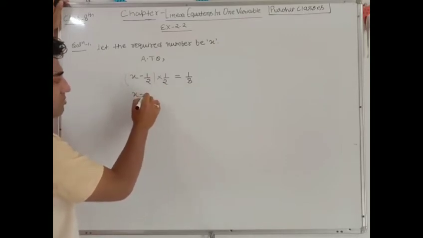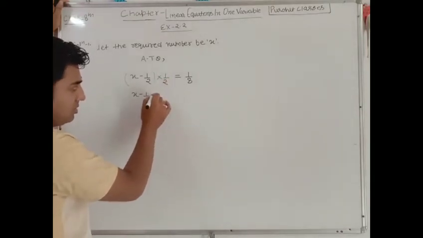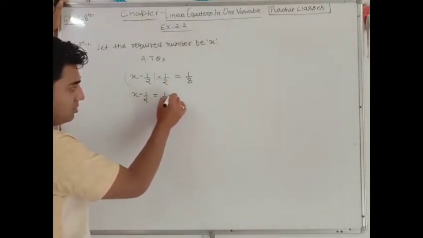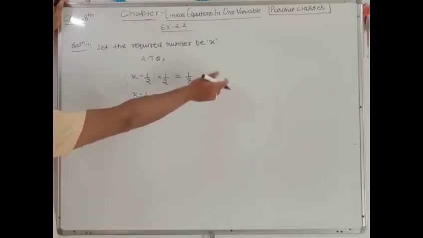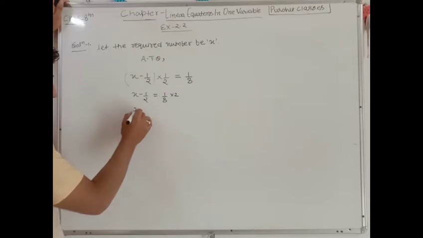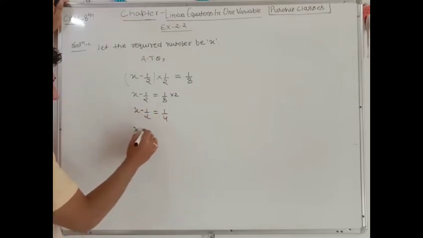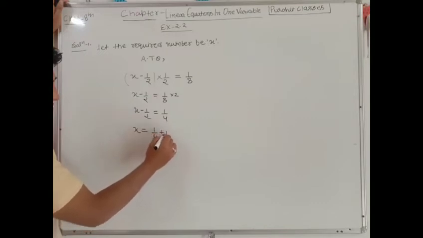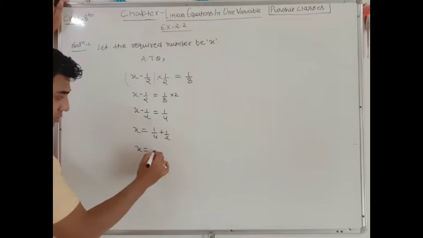So this will be x minus 1/2, and the 2 is here, so this will be 1/8 into 2. It is in the denominator, so when I transpose it, it will go in the numerator. So x minus half will be equal to 1/4. Then x will be, after transposing, 1/4 plus 1/2, and the LCM will be 4.